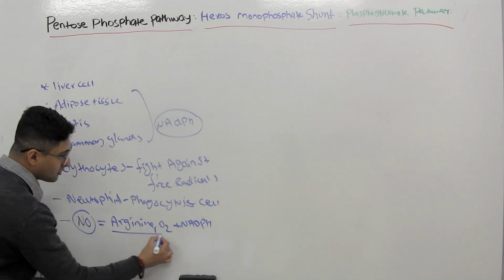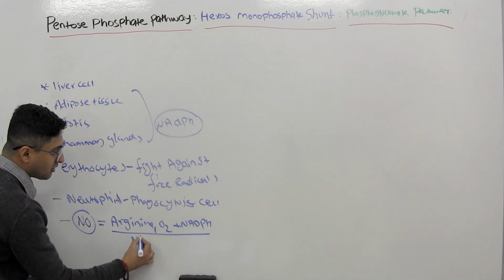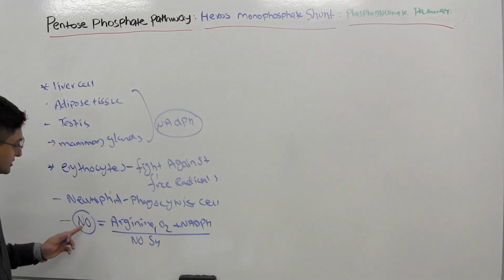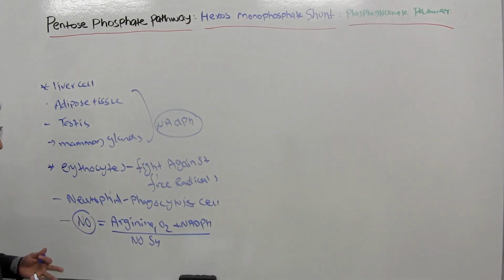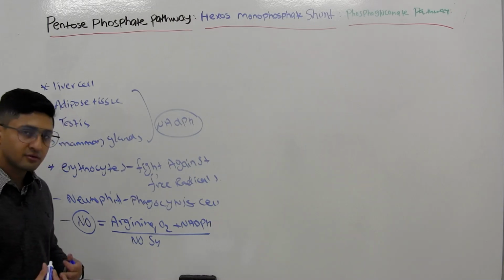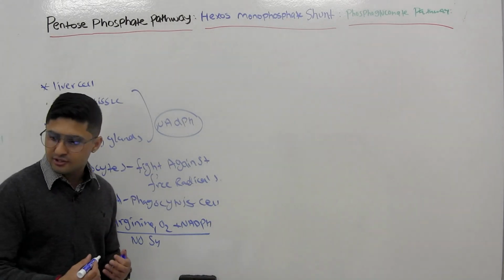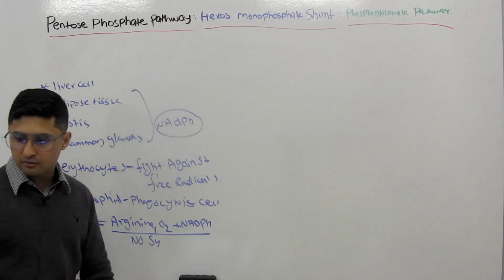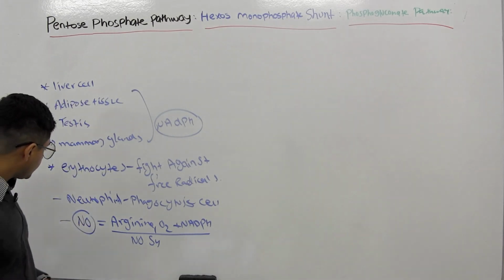And in order to do this, there's an enzyme called nitric oxide synthase. It is required to synthesize nitric oxide, and nitric oxide has a lot of functions. One of the main functions of nitric oxide is as a vasodilator, and you have to remember this really, really well. All right.